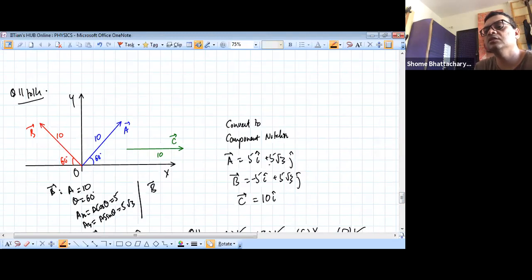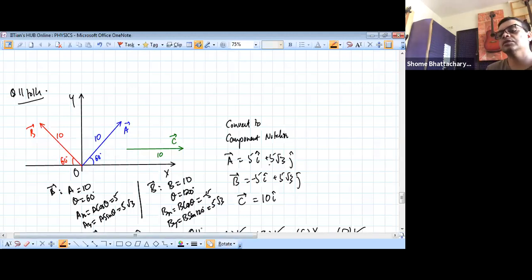Similarly, for the vector B, the magnitude is 10, but the angle with respect to the x-axis is 120 degrees. So dx will be 10 cos 120, which is minus half, so it will become minus 5. dy is 10 sine 120, which is root 3 by 2 into 10, so it will become 5 root 3. And C directly you can see is along the x-axis. So the main thing was this one, converting to component notation. This is the method.